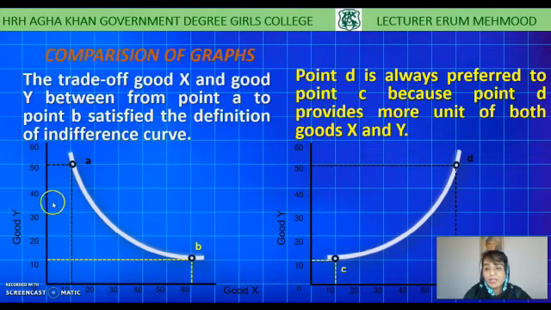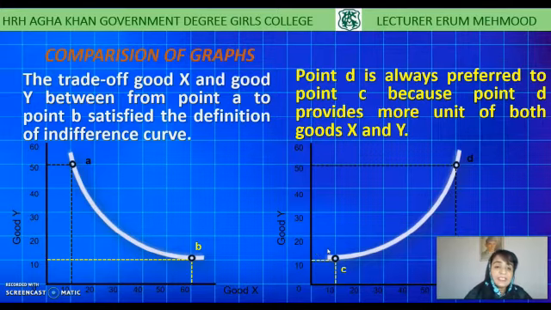In our first shape, if the consumer wants to increase the utility of good X, he moves from point A to point B and sacrifices some units of good Y in order to get one additional unit of good X. So there is a trade-off between good X and good Y in the first figure.